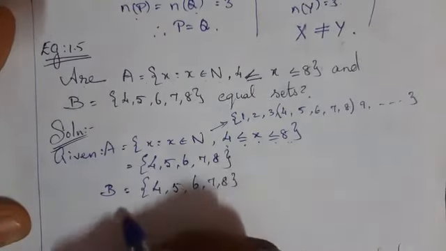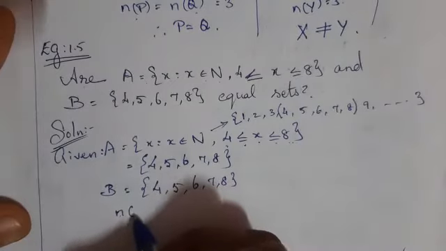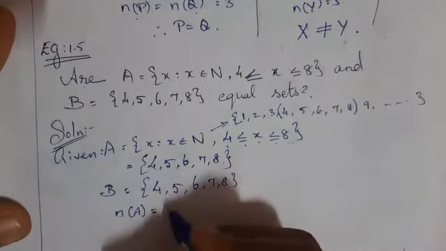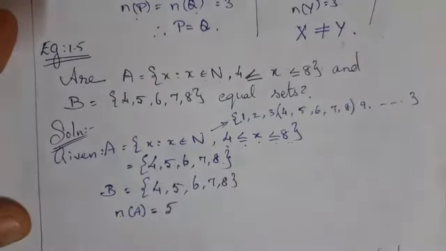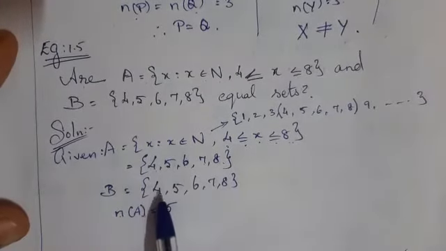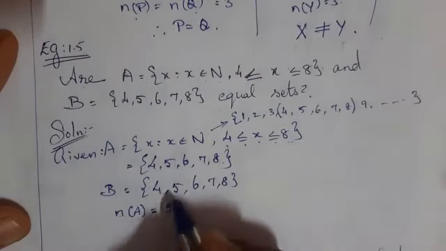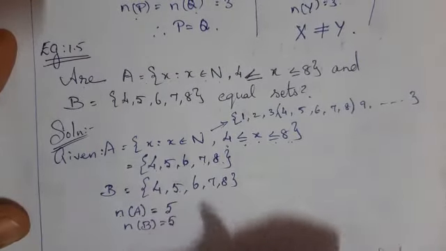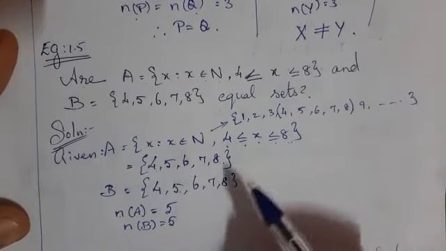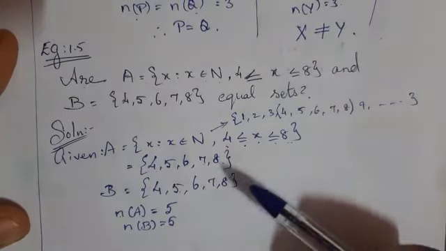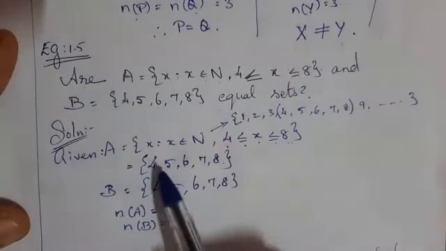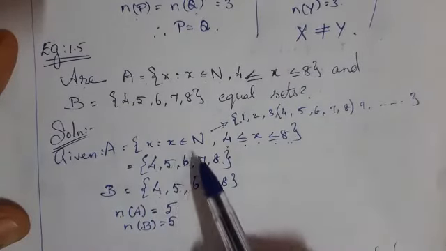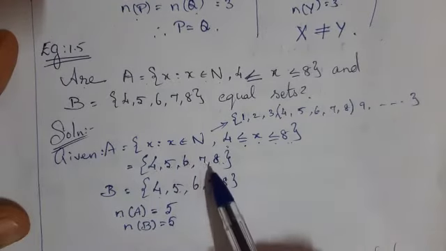Now, first you count the numbers: 1, 2, 3, 4, 5. Therefore, the number of elements in A is 5. Count the elements in the set B: 1, 2, 3, 4, 5. Therefore, n(B) is equal to 5. Now, you have to check whether the elements are exactly the same. 4, yes. 5, correct. 6, yes.